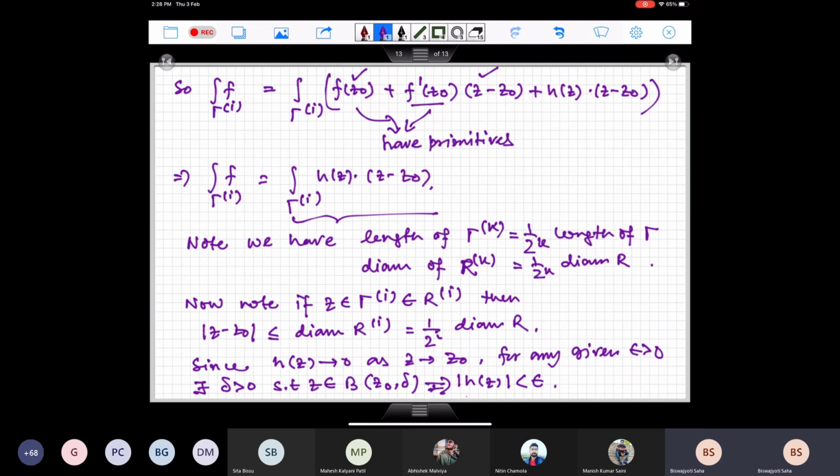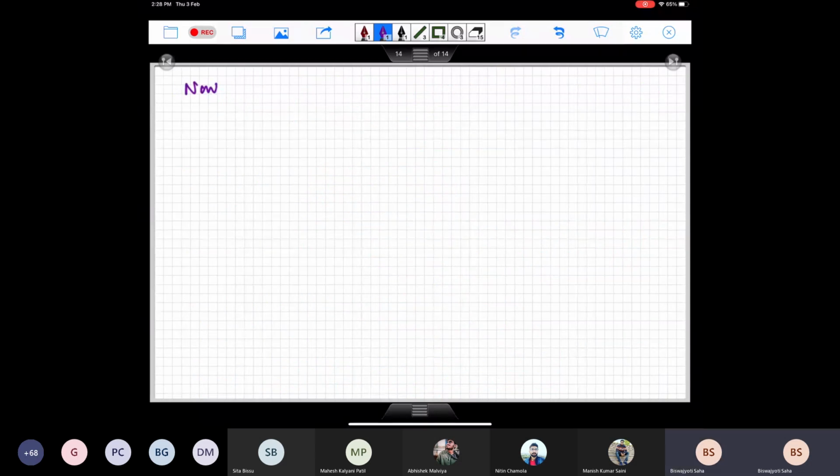Fine, that's good. But now I need to consider this integrand. Here I have a bound for h of z, but that's valid on this ball B(z naught, delta). So let us do something more. We can choose k in N such that 1 upon 2 power k diameter of R is less than delta.